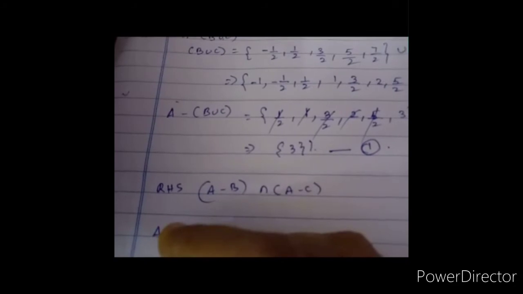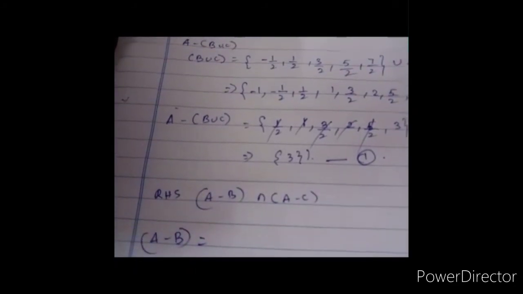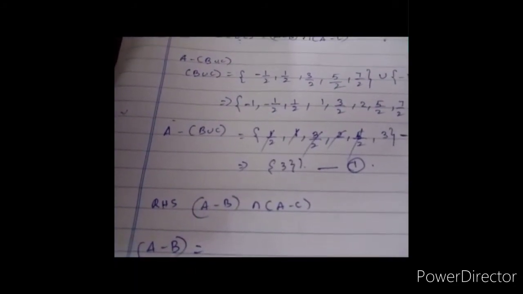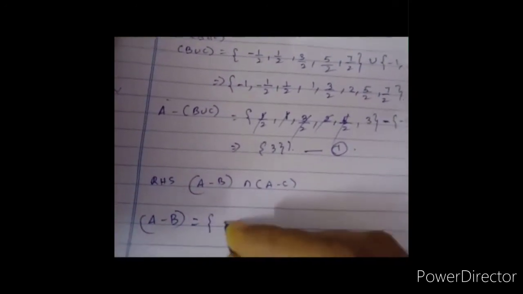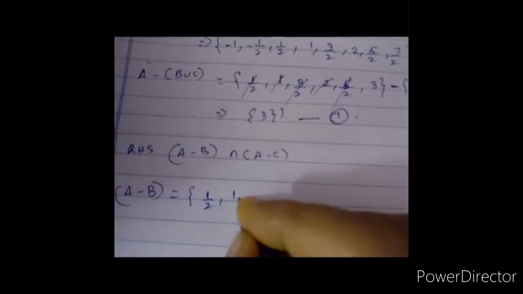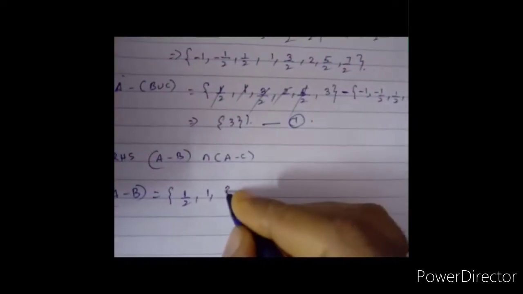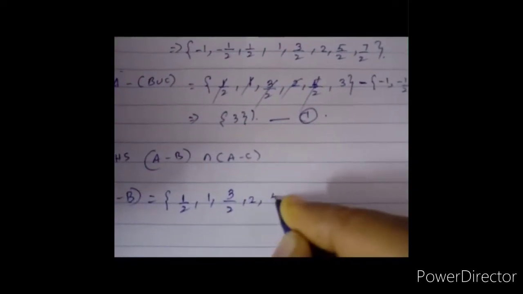First we'll see A minus B. A value was 1/2, 1, 3/2, 2, 5/2 and 3.